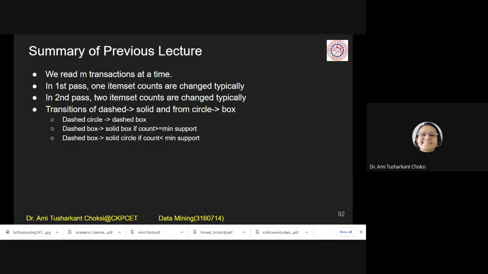Dashed box to solid circle: if the count is less than minimum support, a dashed box, suspected frequent, is converted to a solid circle, that means confirmed infrequent, when the count is less than minimum support. So this is what is there in our mind, and now we are calculating the example. Let us proceed.